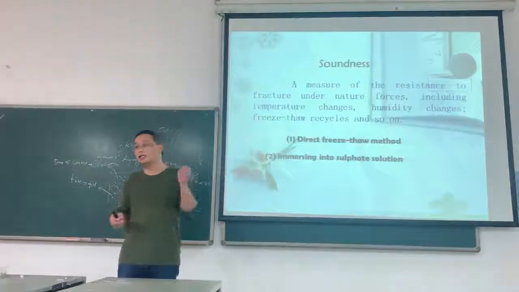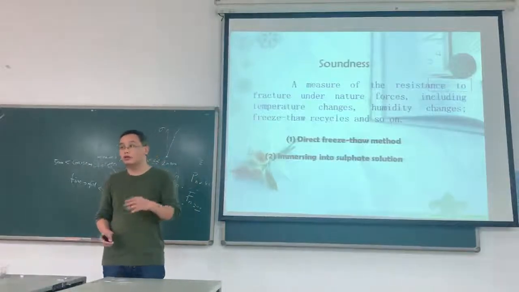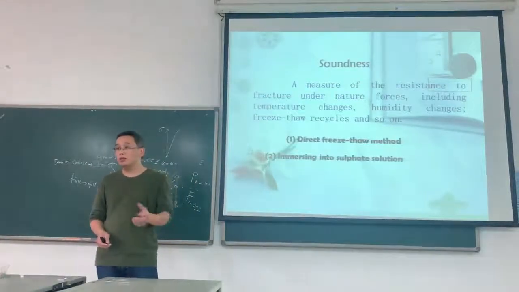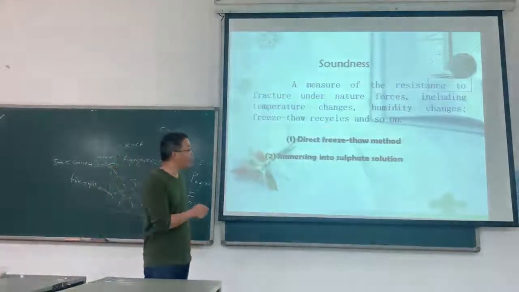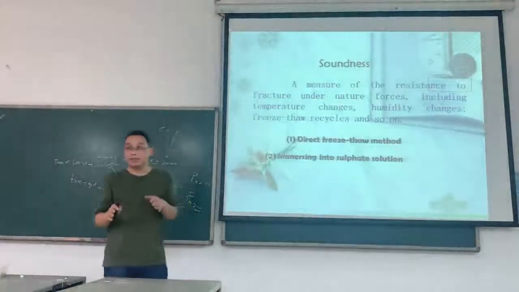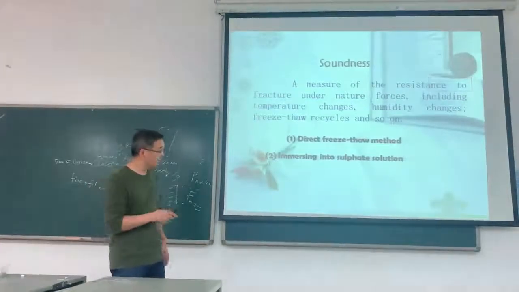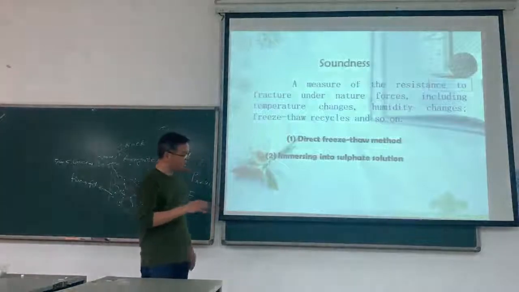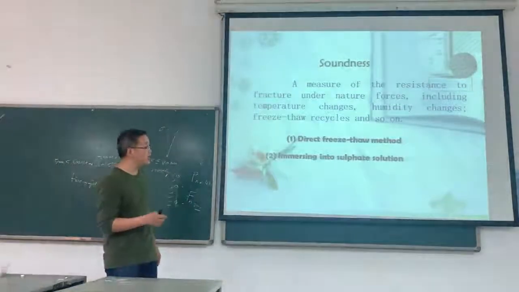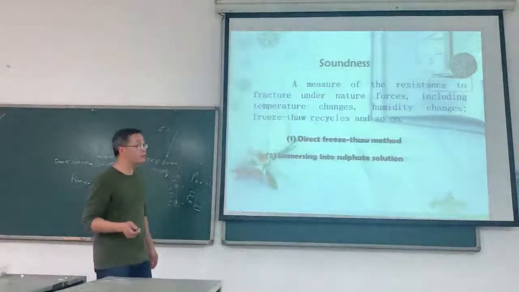After freezing, we thaw it. So, one cycle by one cycle, we can get the result. But this experiment needs much longer time, so it is not easy for us.